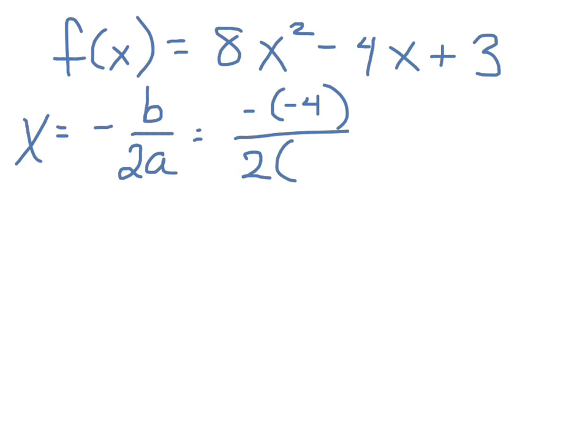What's in the a spot? 2 negatives make it a positive, and what's 2 times 8? 4 over 16 reduces down to what? 1/4. That's your axis of symmetry. It's also the x coordinate of the vertex.